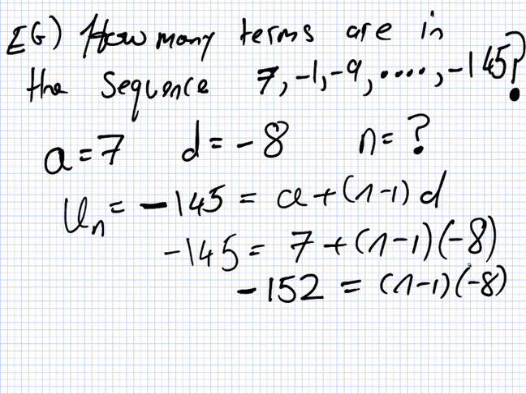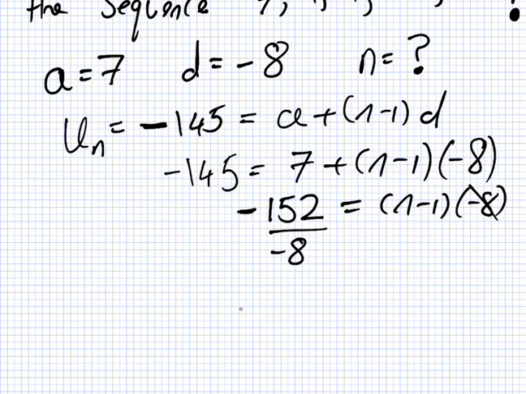So if I divide by minus 8, the minuses cancel, and then n minus 1 is 19. So there are 20 terms in this sequence.